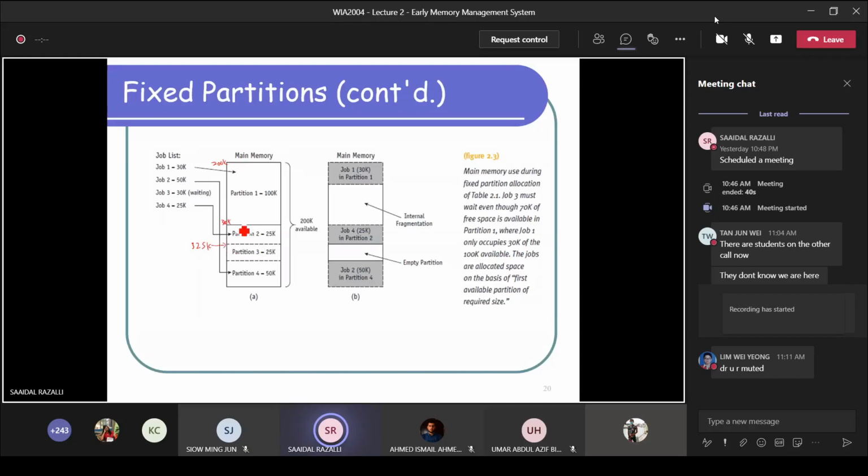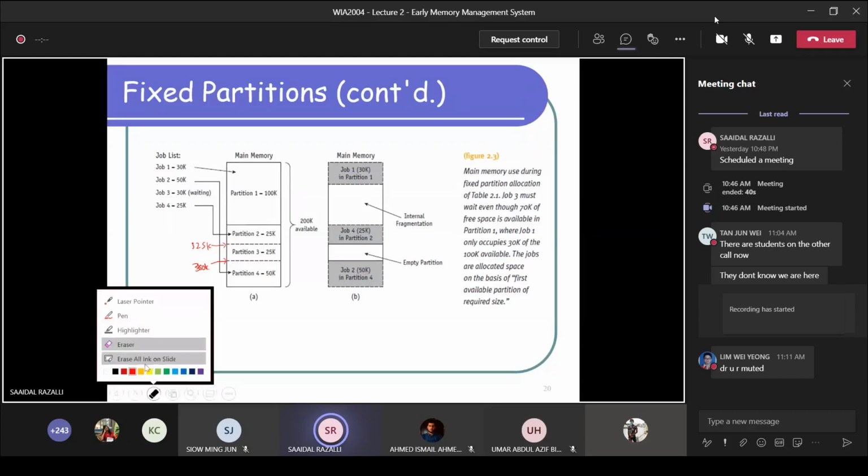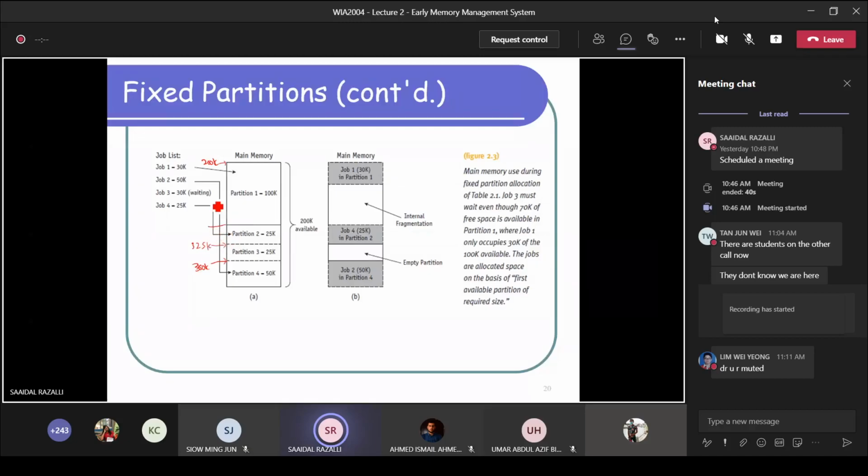Sorry, this is 350K. So this is just an address, the starting address for each location.